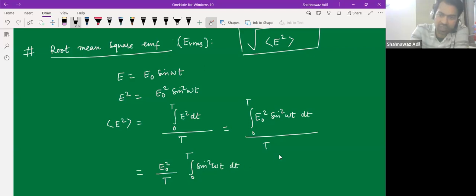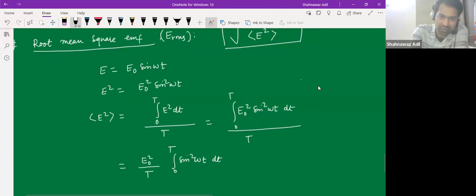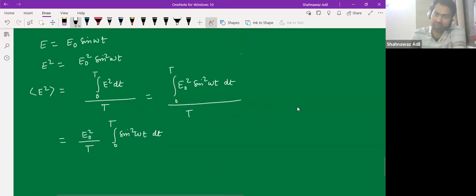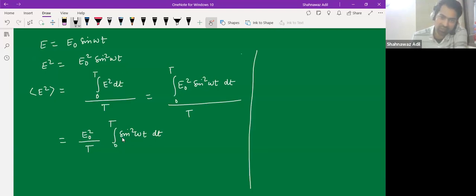So we have to use the trigonometric relations. We cannot integrate the trigonometric power of the function, so we have to make them in the linear way, right? So then we have to use this cos 2 theta. And this is how much?